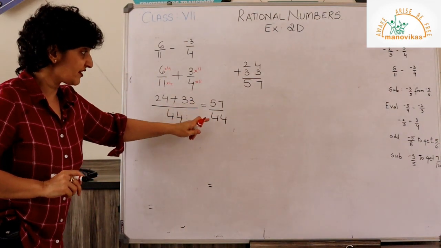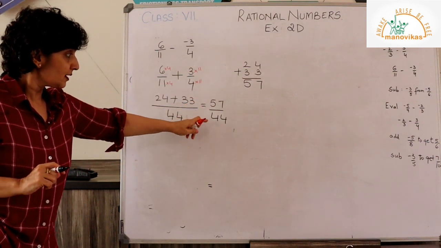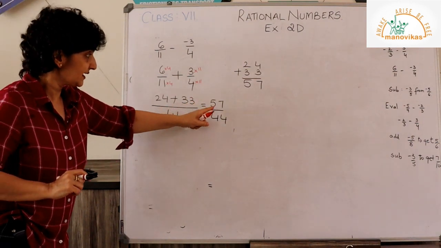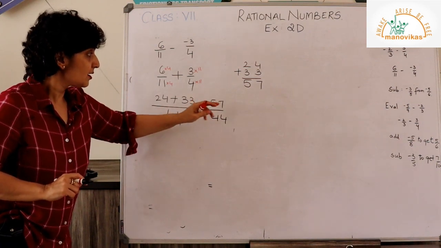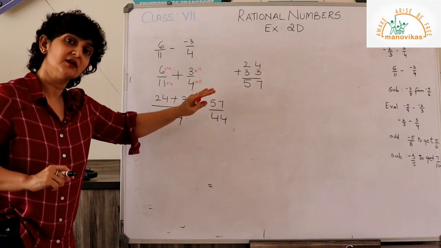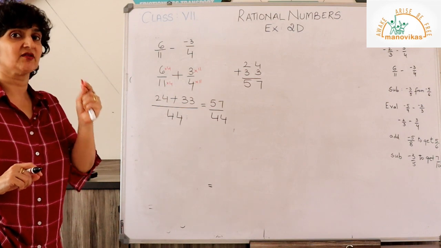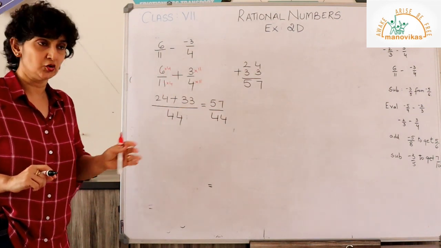Now 57 upon 44, I cannot leave it as it is if I need to reduce. Can I reduce this? Both are not even numbers, so I don't have anything in common. So I will leave it as it is. But wherever I can reduce, I need to reduce.